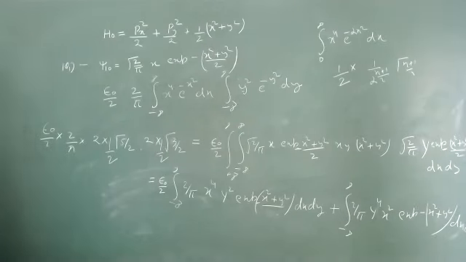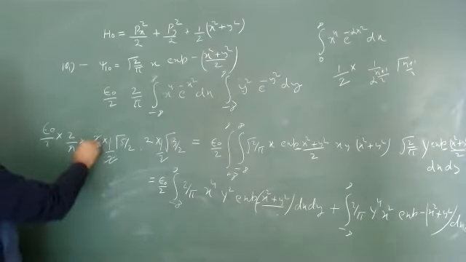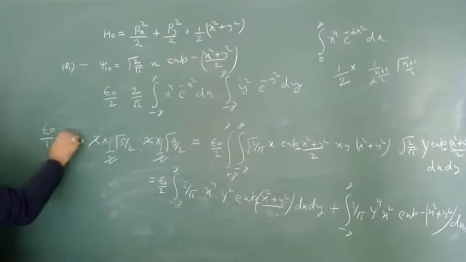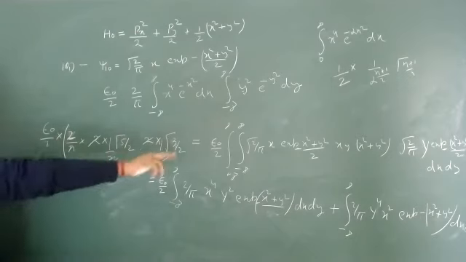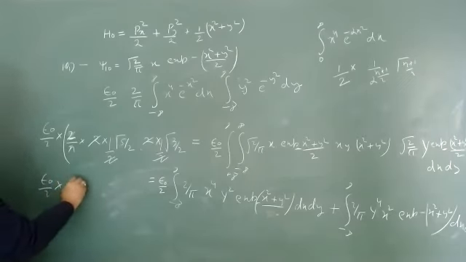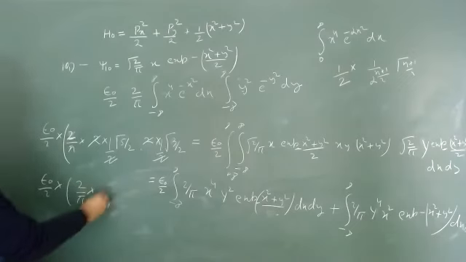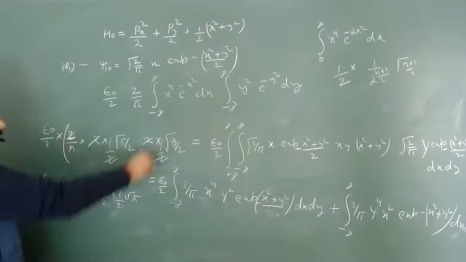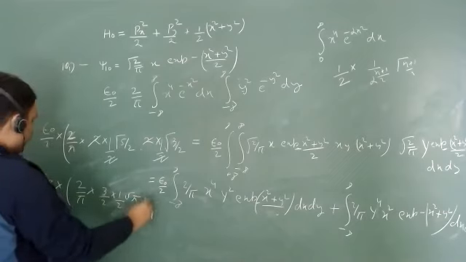Yes sir. Okay. So this will cancel out. What you will get? I will just keep this thing here, because this will multiply with another integral also. So epsilon upon 2 into what you have? 2 upon pi into what will be gamma 5/2? 3/2, 1/2 root pi, isn't it? And what is gamma 3/2?